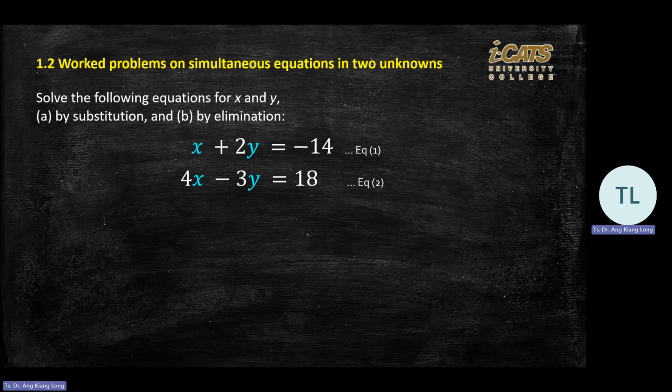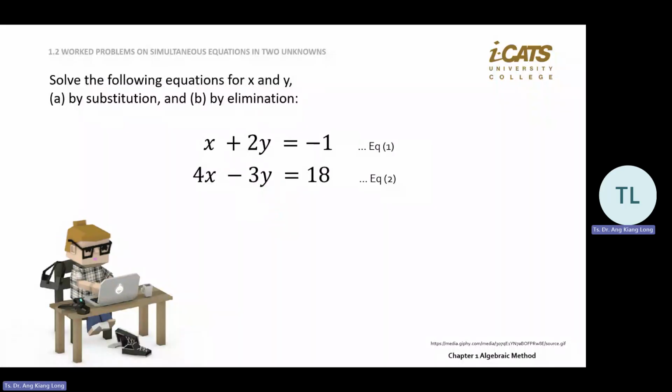Okay, so some of you already know how to do it, but I show you the steps. First, you write the two equations on your answer sheet. Copy the equations. Some students, when they copy, also copy wrong, especially plus and minus signs. This is careless mistakes.